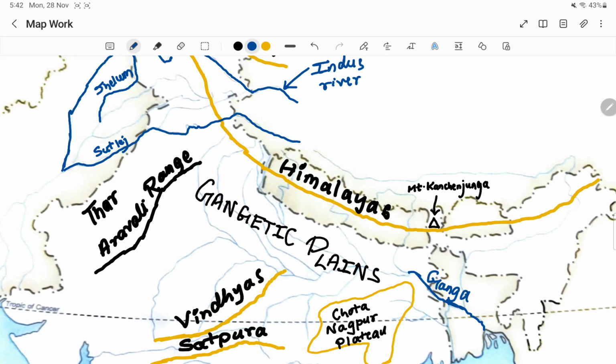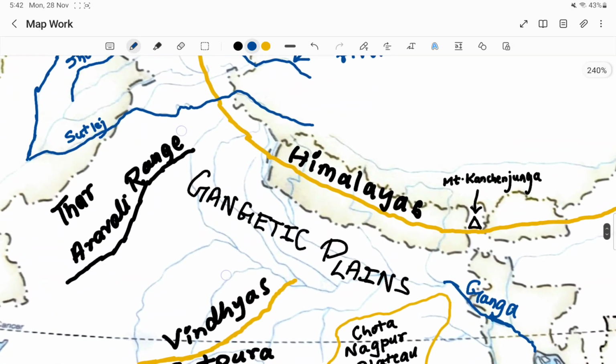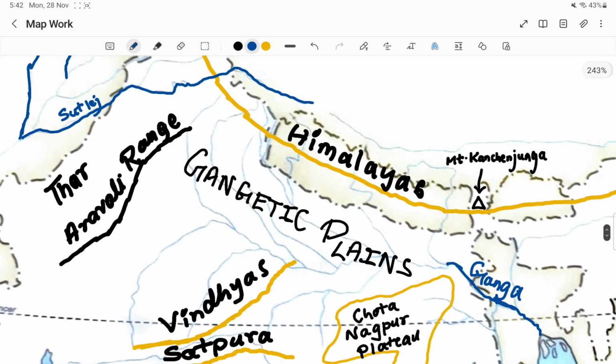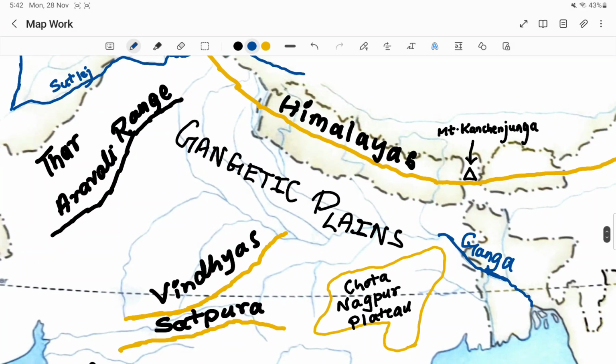Next is Yamuna River. So let's just mark the Yamuna River now. Yamuna River is also the helping river of Ganga. So this is the Yamuna.